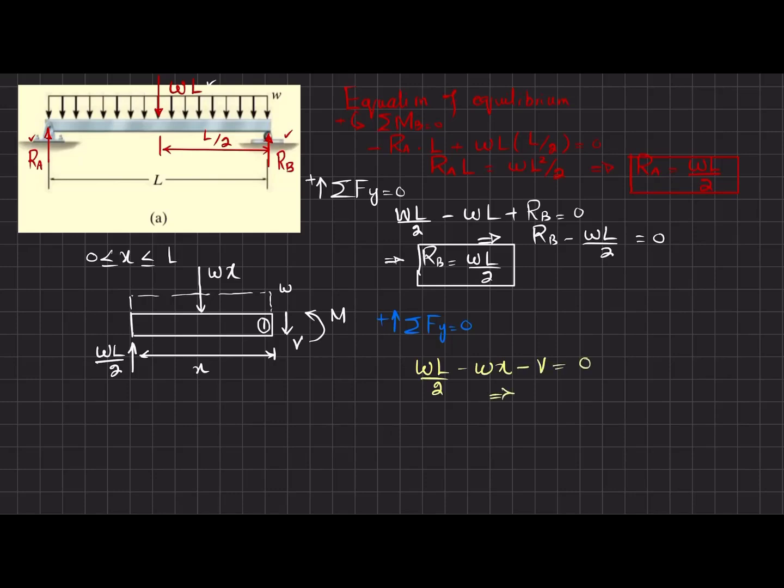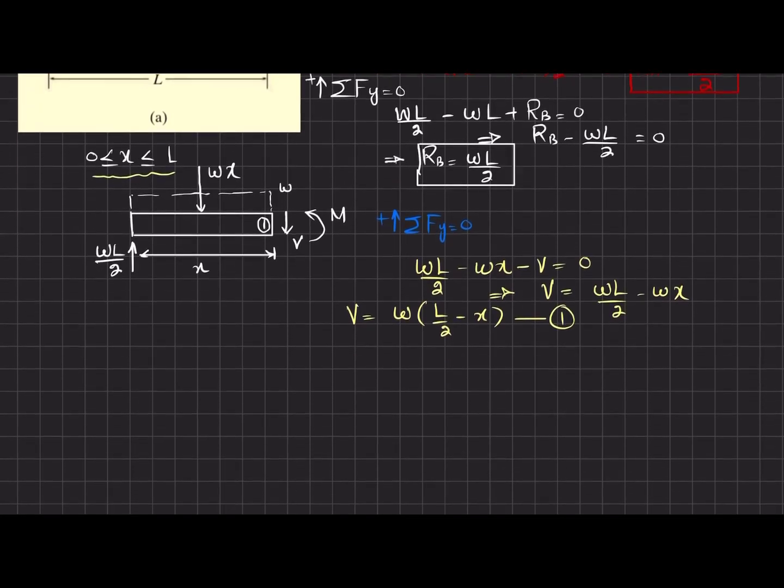So from here you will get V equal to wL over 2 minus w into x. And if you take w as common, we will have w into L by 2 minus x. This is the shear force equation for the range x greater than 0 and less than or equal to L.